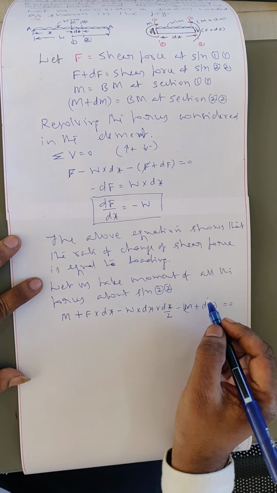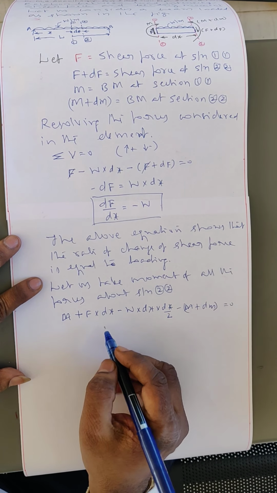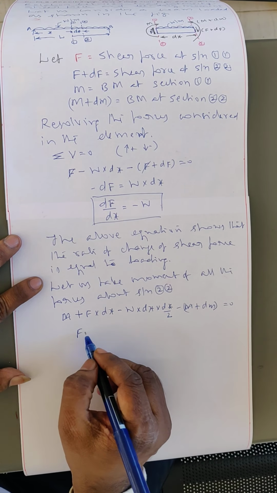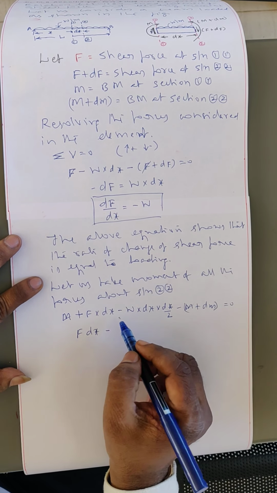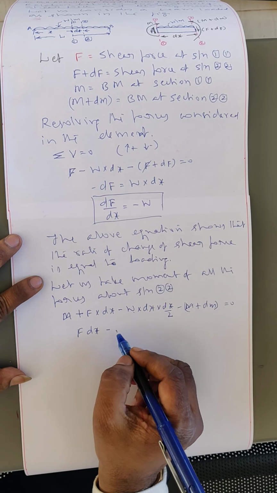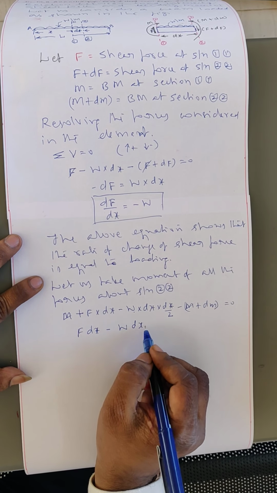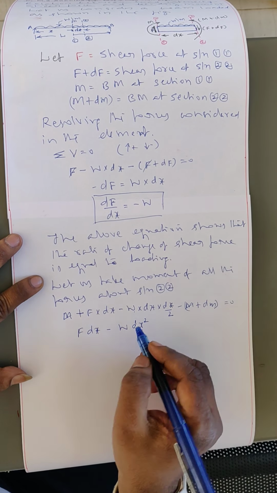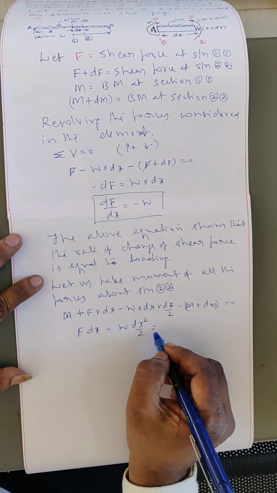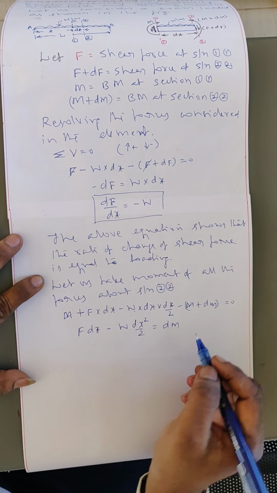Now this plus M minus M gets cancelled. What is remaining? F into dx minus w into dx square by 2. Next one, minus dM is there. If you take it to the right, it is plus dM.